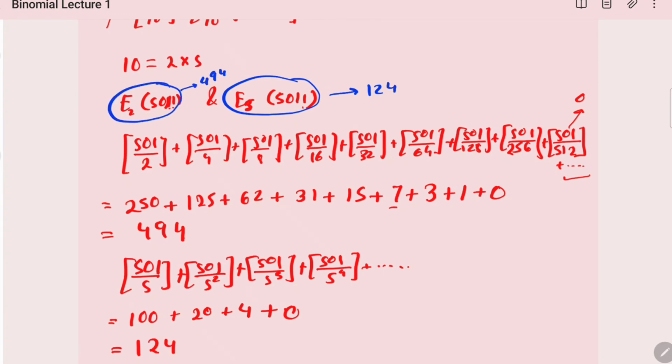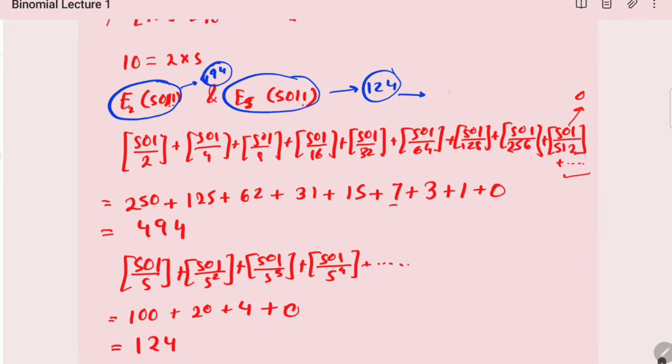Now the exponent of 5 in 501 factorial is 124, and the exponent of 2 is 494. Now out of 124 and 494, 124 is smaller, so the exponent of 10 in 501 factorial is basically 124, right? Because you see 1 2 and 1 5 make up 10.